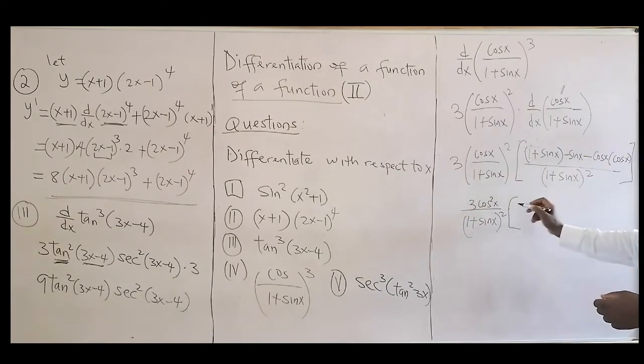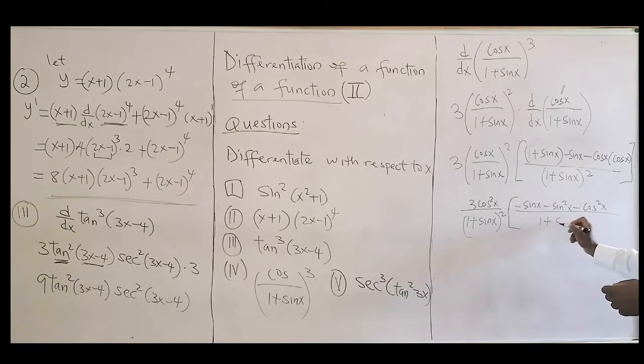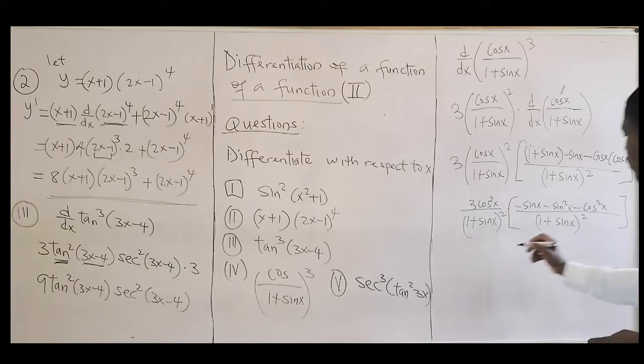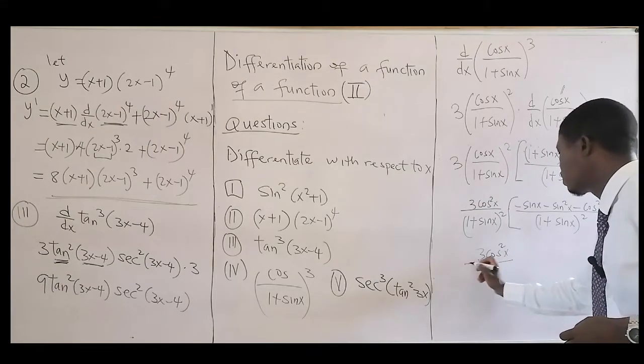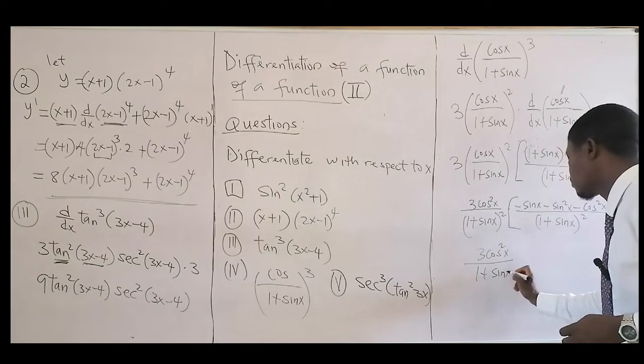Open this one: that will be minus sin x times 1, that's minus sin x, and minus sin square x. And this will give us cos x minus cos square x all over (1 plus sin x) all square. So with this now, I'm having 3 cos square x all over (1 plus sin x) all square.